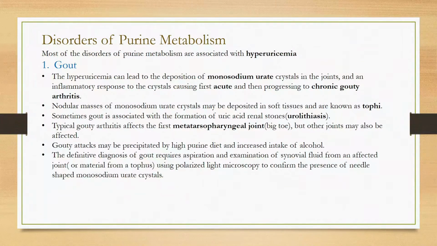Sometimes gout is also associated with the formation of uric acid crystal stones in the urinary tract, called urolithiasis. Typically, gouty arthritis affects the first metatarsophalangeal joint, the big toe, but other joints may also be affected.